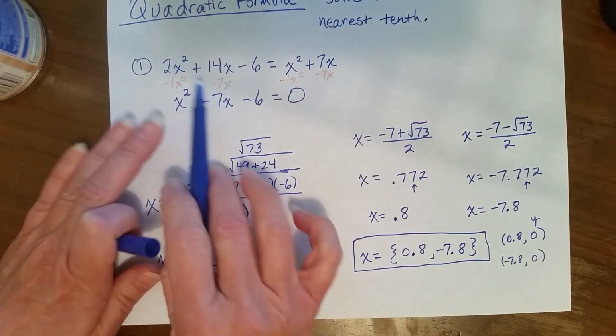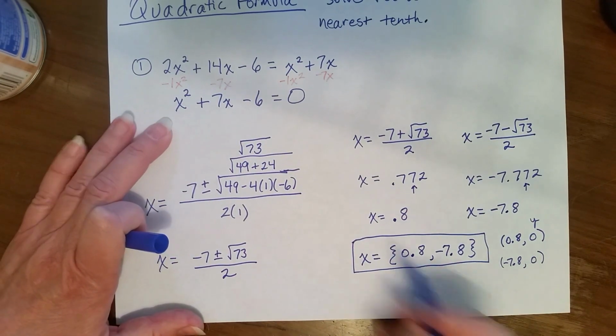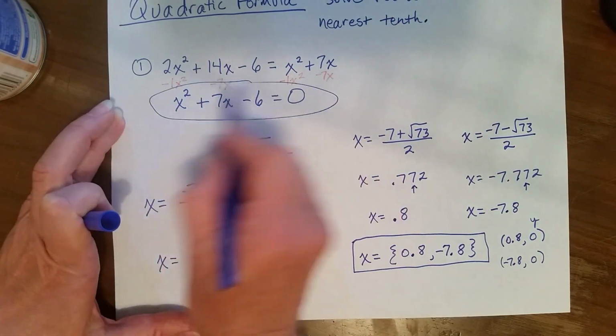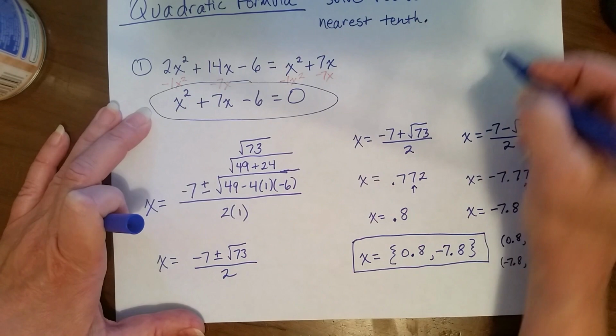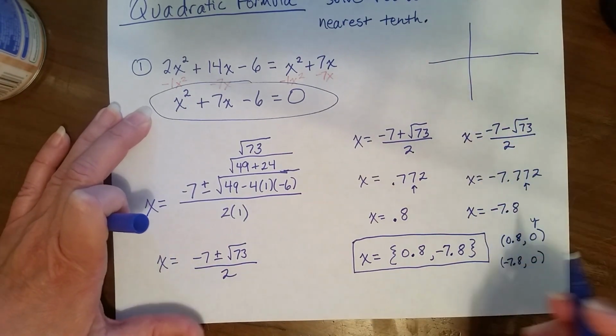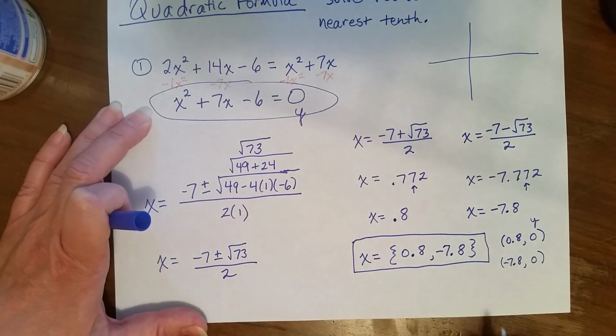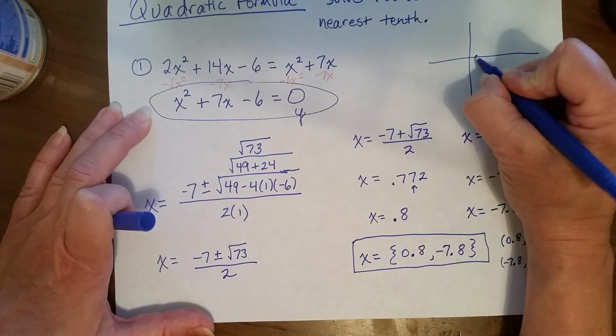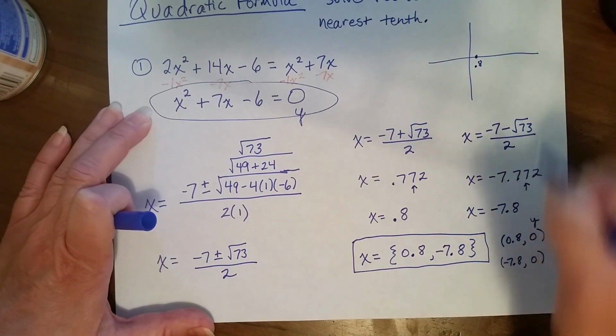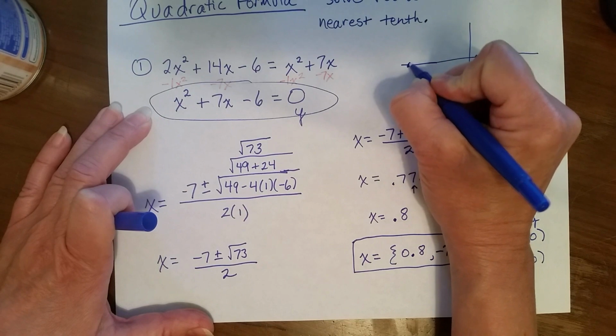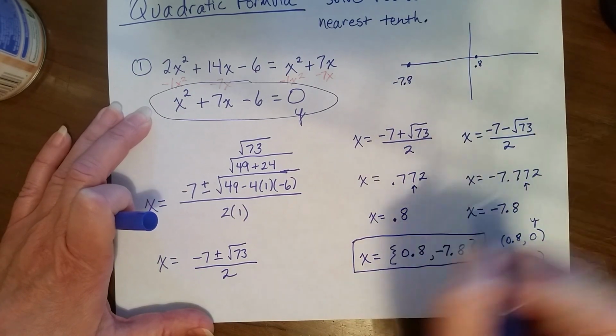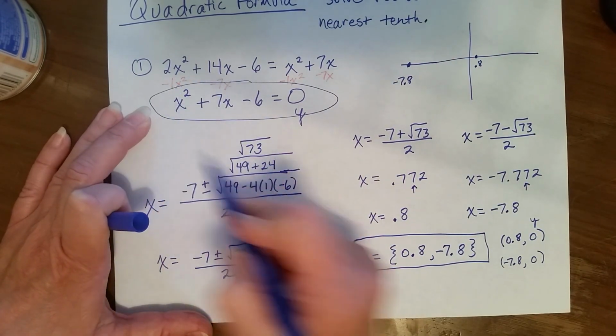What you're finding is this parabola, actually this one right here in standard form. This is when y equals 0, it crosses at 0.8 and -7.8. Okay, now I know that a is positive, so it opens up.